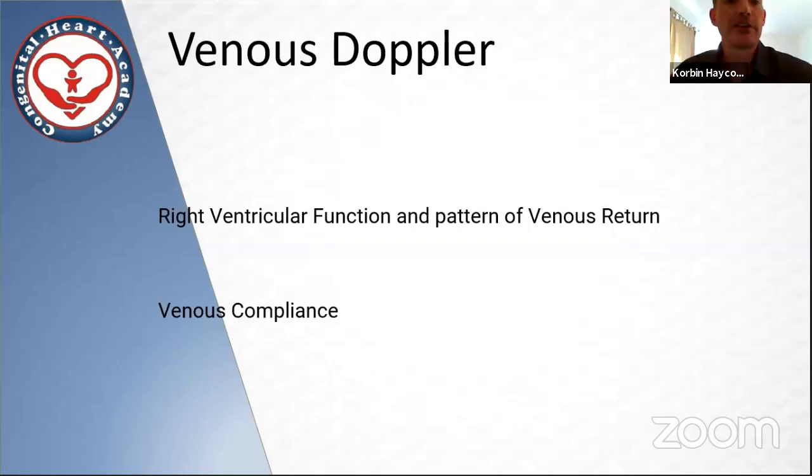If we Doppler a vessel that's near to the right atria, it gives us information about right ventricular function and how efficiently it's dealing with the pattern of venous return that's been driven by the distending pressure, or the mean systemic filling pressure, or from the stressed volume of the smaller veins sending blood back to the heart. And then secondarily, if we Doppler the vessels that are deeper, far into the parenchyma of the tissues, this gives us an idea of venous compliance.